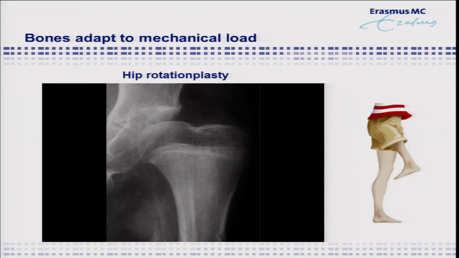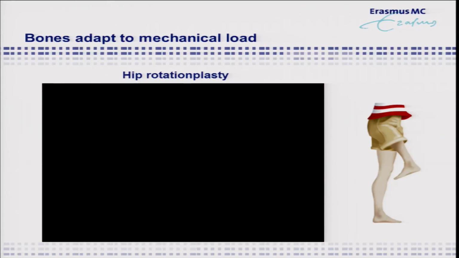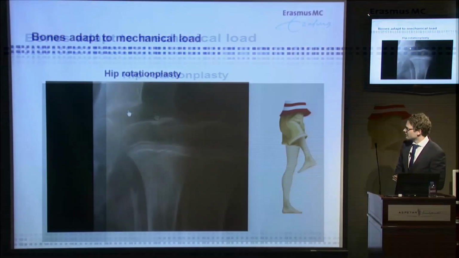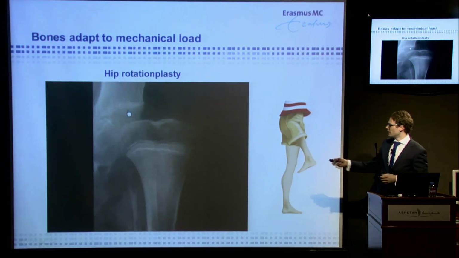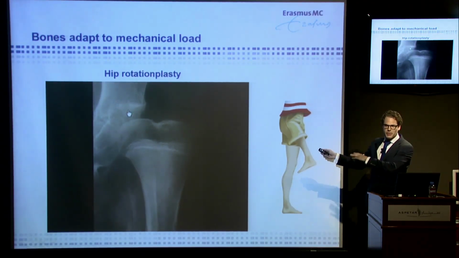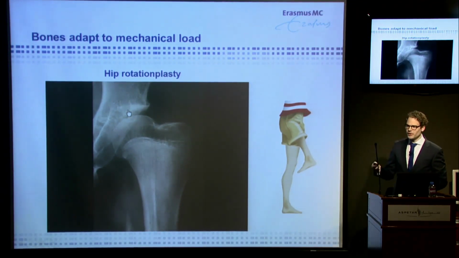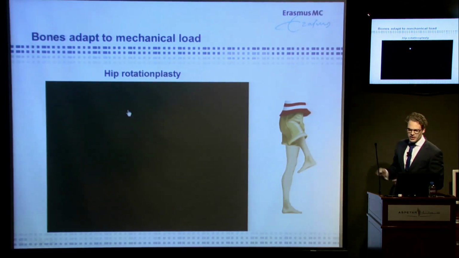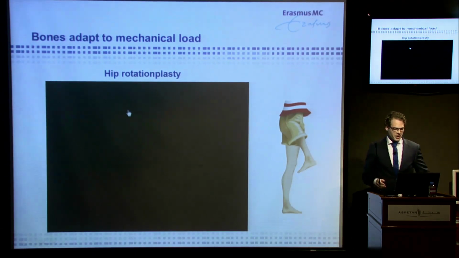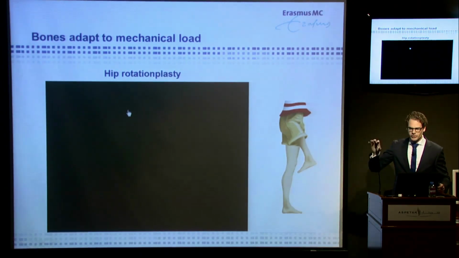During follow-up, you can see that it changes, and the proximal tibia looks like a femur again. Bear in mind that this bone was genetically imprinted to become a tibia, and now the shape looks like a femur because of the mechanical load applied on it.